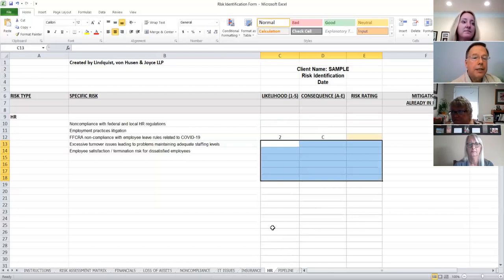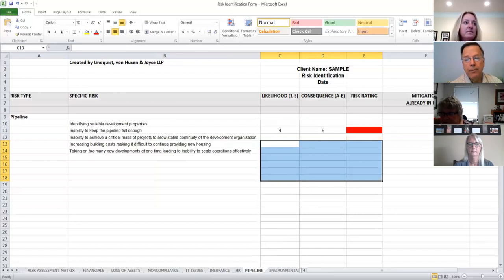All right. And then there's just termination risk, employee satisfaction risk, that you'll lose dissatisfied people that you need to keep. And the problems with replacing them create a risk that you don't want to face. We have one on pipeline risk, keeping the pipeline full, making sure there are enough projects in the development pipeline to keep your project management staff busy enough.